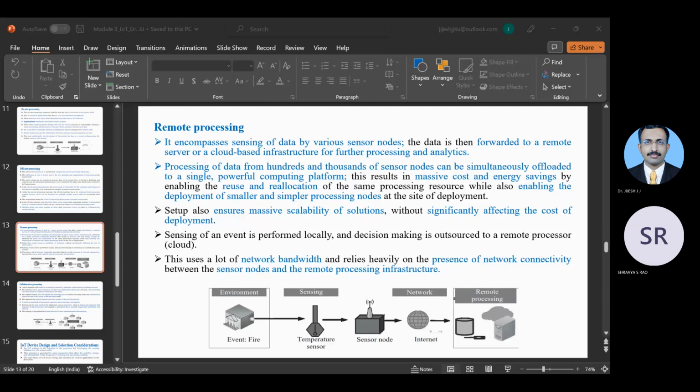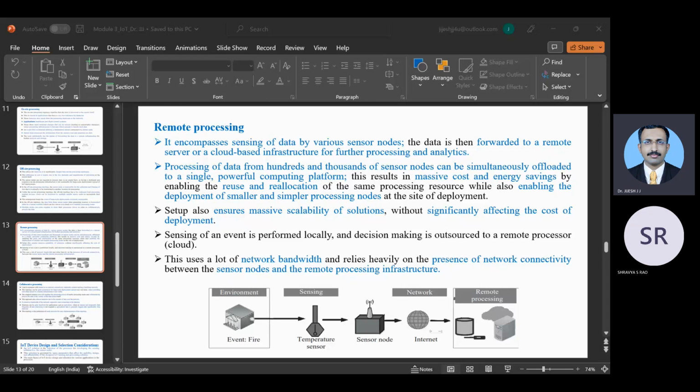In the on-site case, you have to make sure that each node deployed is high resolution and high capacity, meaning it has the computing capacity so that it processes the data then and there itself. There is no delay.